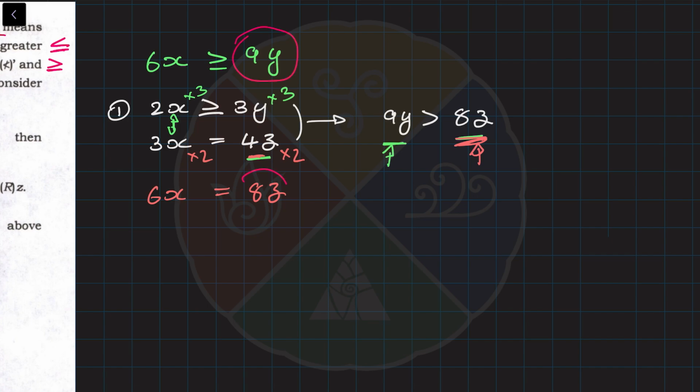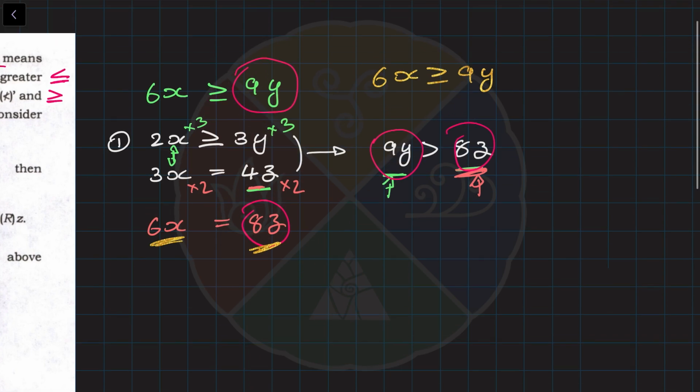I have 9y and I have 8z. Now, if you try to link this, 6x is greater than or equal to 9y, right? At the same time, we know that 6x is equal to 8z. So I can simply replace 6x with 8z.